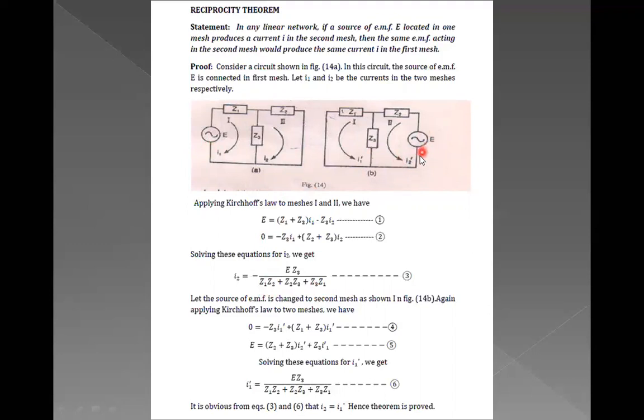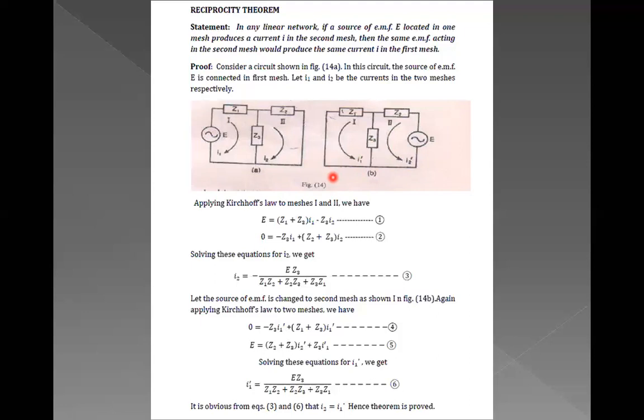So what will happen? Again, applying Kirchhoff's voltage law for the first mesh and second mesh. For the first mesh, because there is no source, 0 equals minus Z3 I2 dash plus Z1 plus Z3 into I1 dash. The second equation is E equals Z2 plus Z3 into I2 dash plus Z3 into I1 dash.